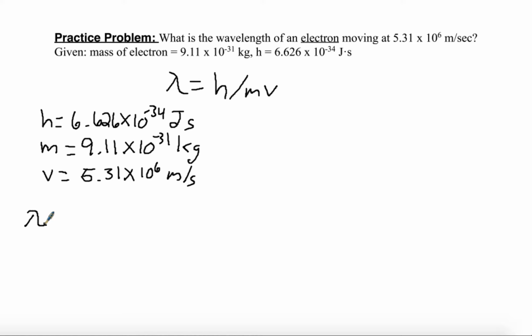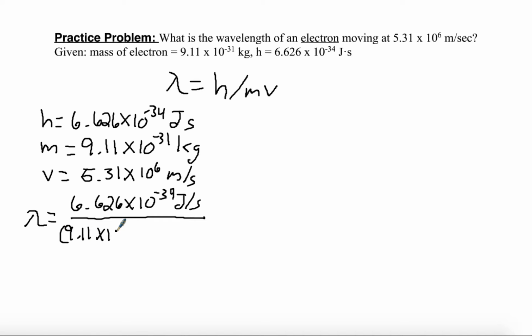So our wavelength is going to be equal to 6.626 times 10 to the negative 34 joule seconds divided by 9.11 times 10 to the negative 31 kilograms times 5.31 times 10 to the 6th meters per second.